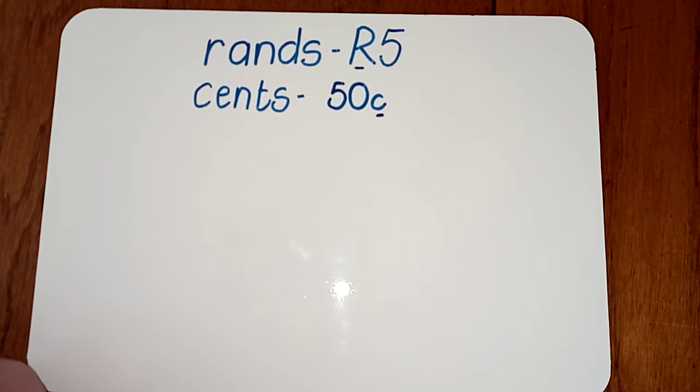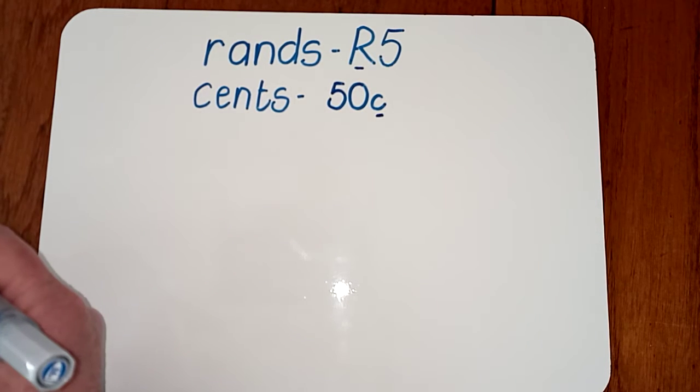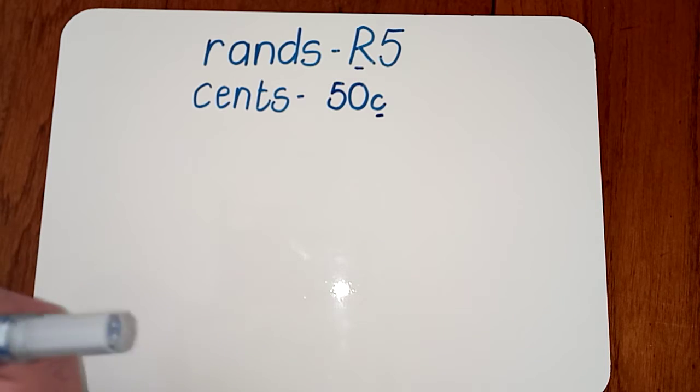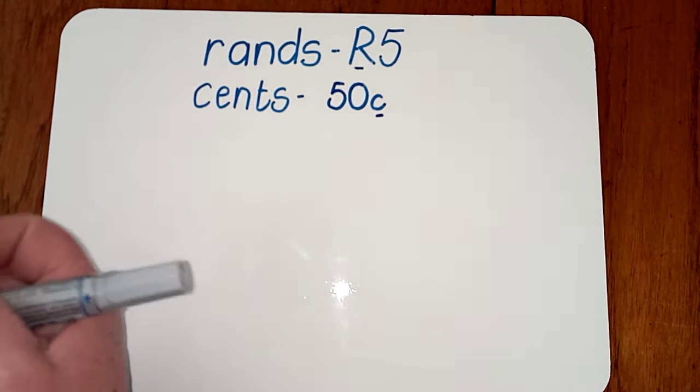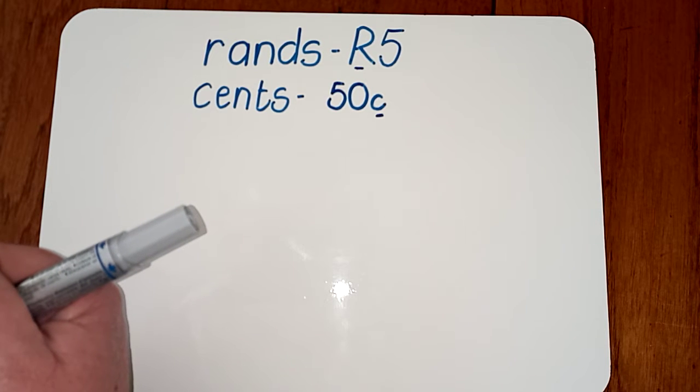So you can buy something for any amount, but you can only pay with the money that we have. So if you pay more than the amount, then you would get change.